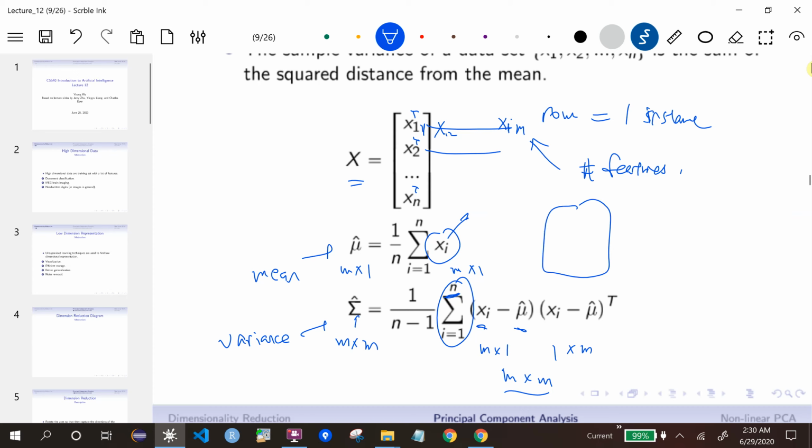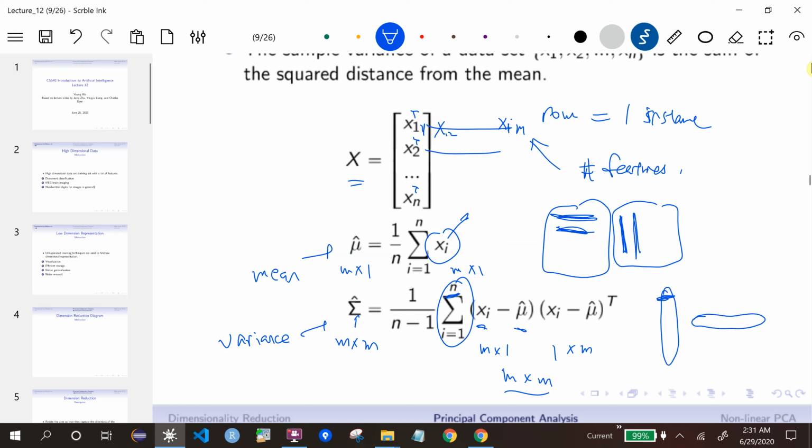Remember, regularly when we multiply two matrices, we do one row multiplied by one column, one row multiplied by one column, and we keep doing this, and then we get another matrix. Here we're going to do the same thing, except the first one is an n by 1 matrix, and the second one is a 1 by m matrix.